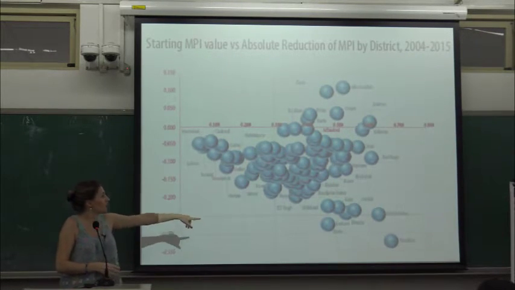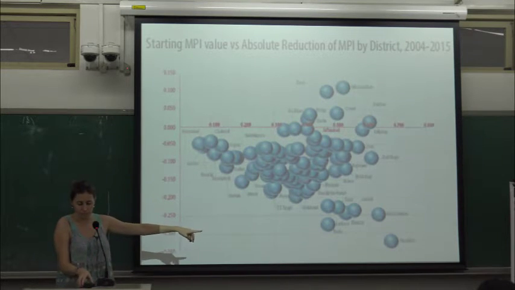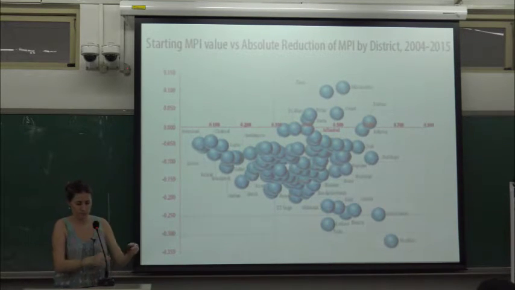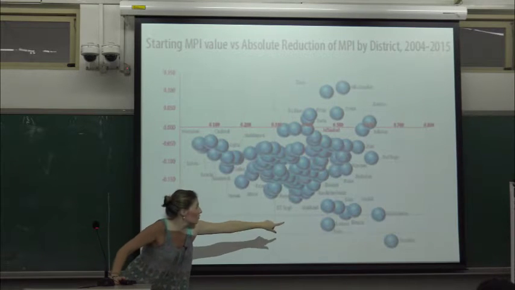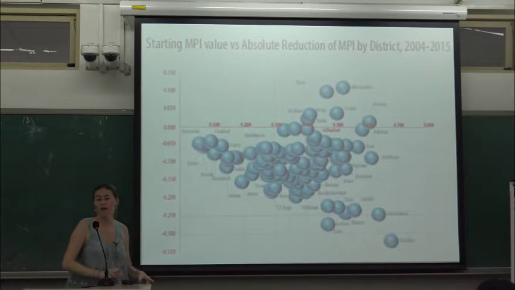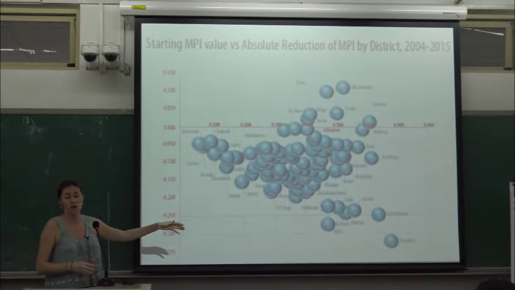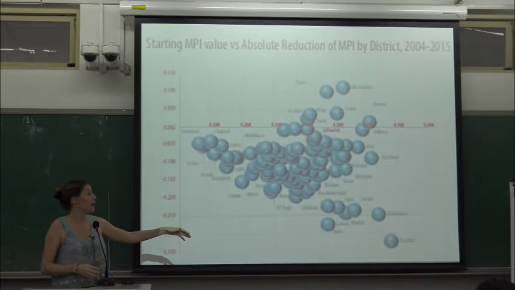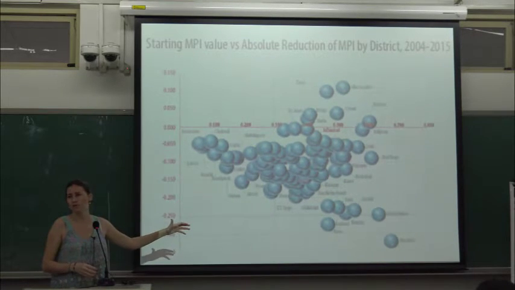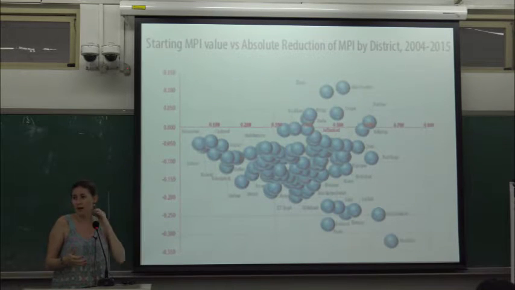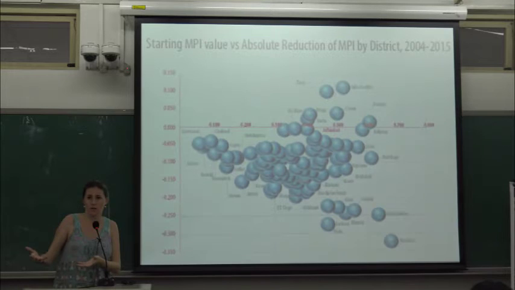We do find a whole chunk of districts over there that are showing a very large reduction in absolute terms in the MPI, and that had very high levels of the MPI at the beginning of the period we are analyzing here. So it seems to have a pro-poor trend.